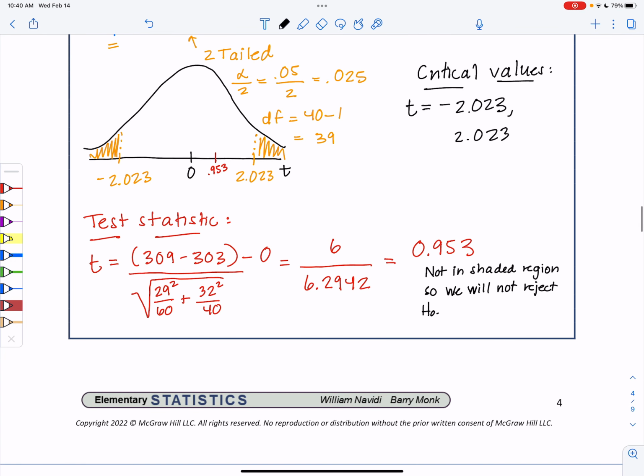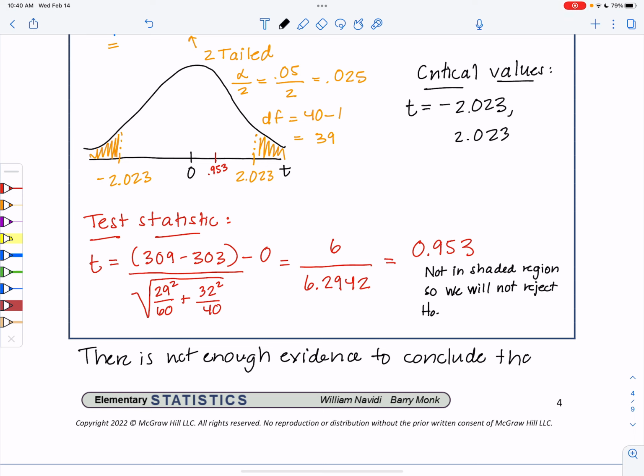So for my interpretation here, I would state there is not enough evidence to conclude that there is a significant difference.